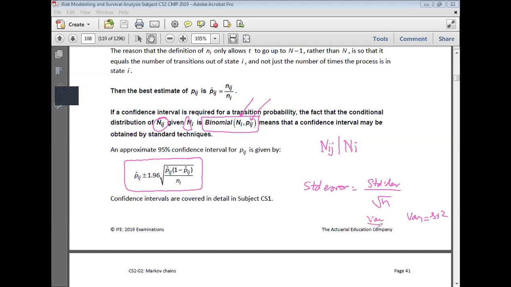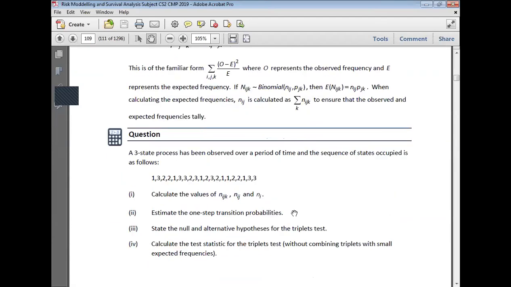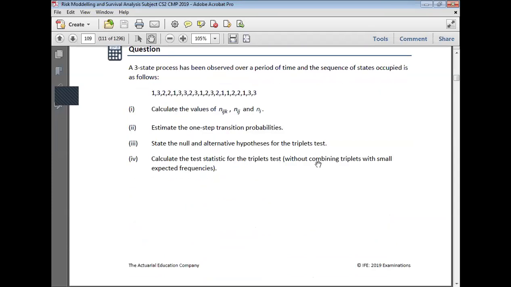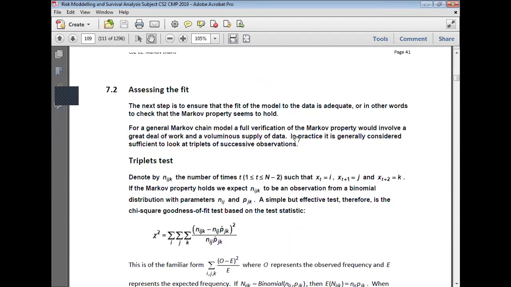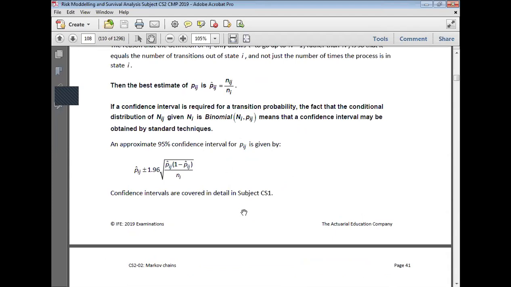So if you put variance upon n, you can rewrite your standard error like this. Here, the variance will be just p times 1 minus p, and that is what you have here as well. So this is how you can rewrite the confidence interval for the case where you approximate this with binomial. And it's not much tricky, I would say. Now they're talking about triplets directly. So that was it about the confidence intervals for the estimator of Pij, which is Pij hat.